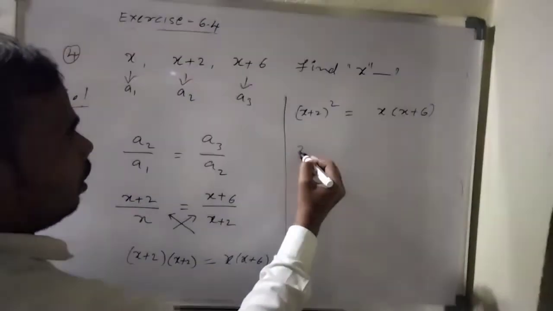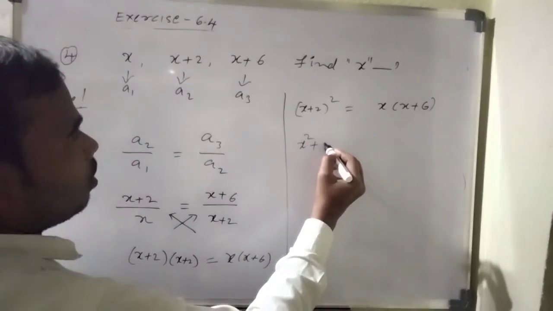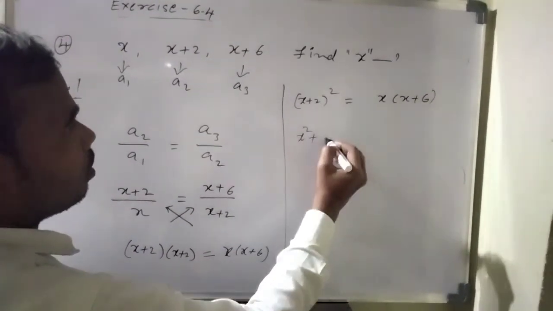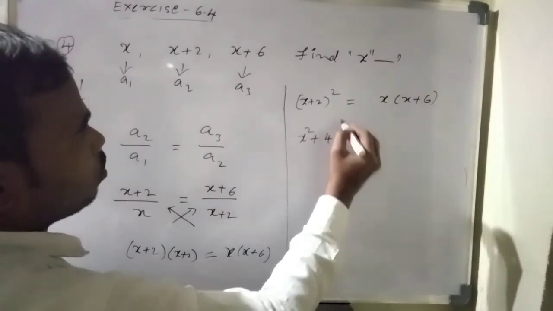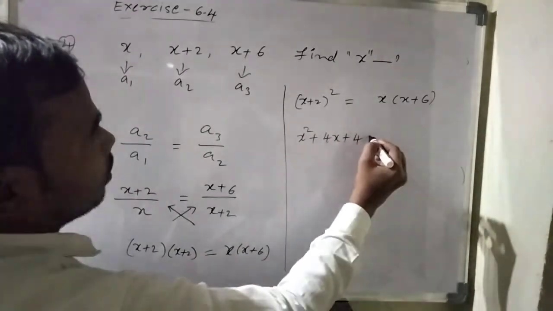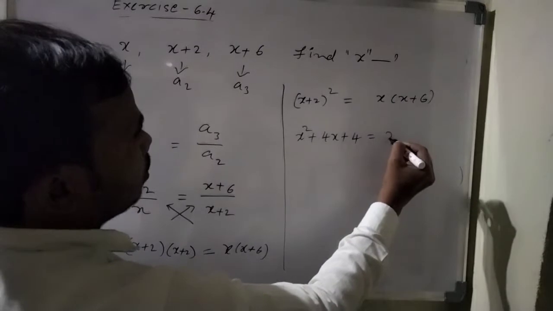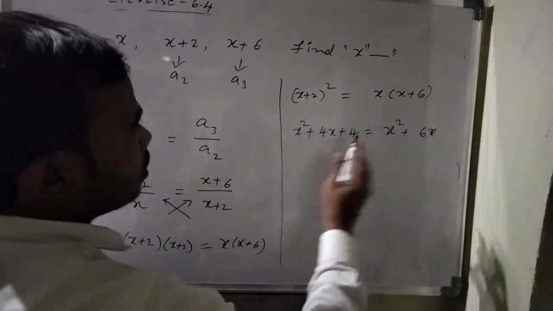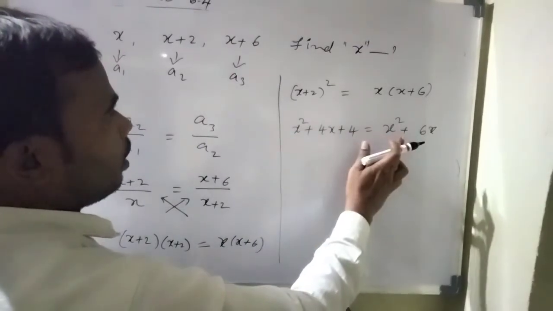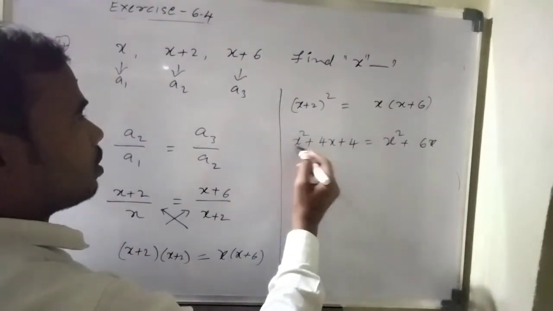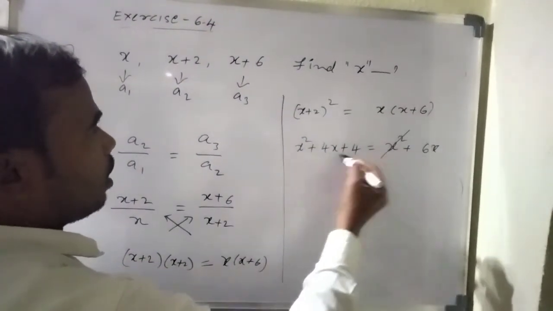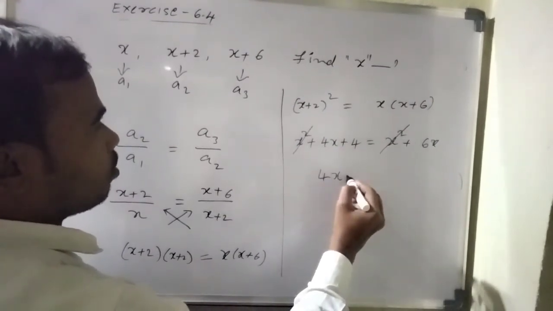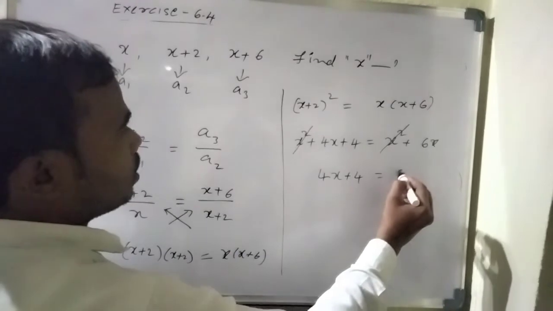So x square plus 2 into a b, that is 2 into x into 2 is 4x, plus 2 square, that is 4. Right side x into x, x square plus x into 6, 6x. Now left side and right side, x square is there, so it cancels. So finally what remains? 4x plus 4 is equal to 6x.